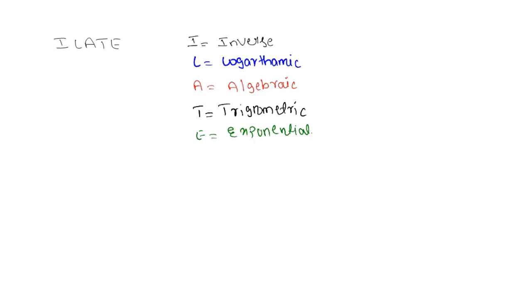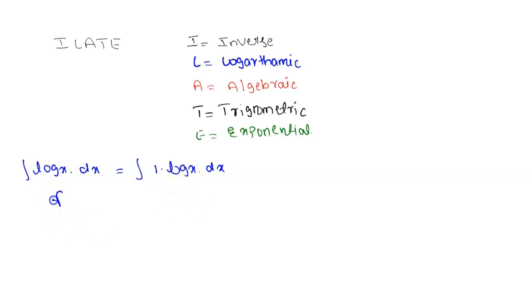So our question is the integral of log x dx. I am taking this as 1 into log x dx. Here 1 can be written as an algebraic function, and a logarithmic function is there.